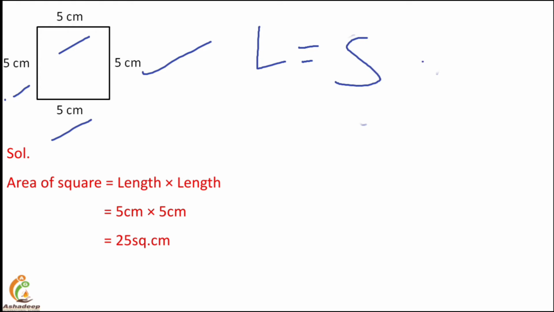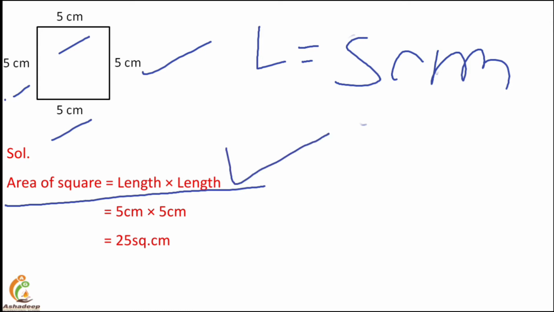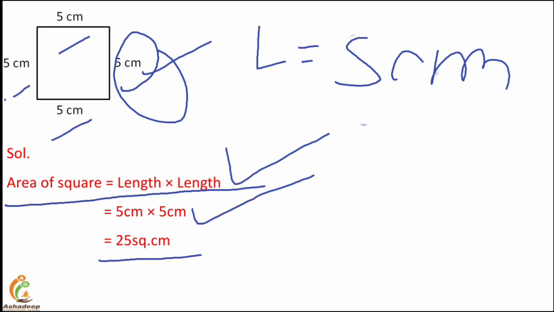So what is the formula to find the area of a square? That is length multiplied by length. So take the length, 5 centimeter, multiplied by 5, and the answer we get is 5 fives are 25 square centimeter. Students, this way you can find the area of a given figure or shape.